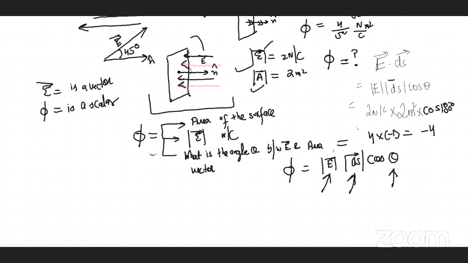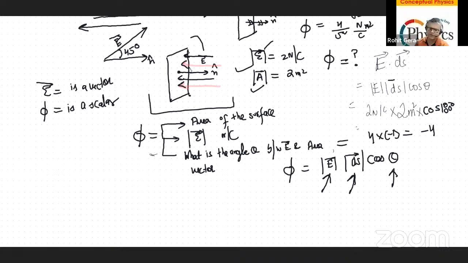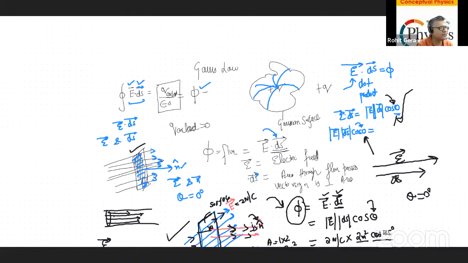All right. If you notice the Gauss theorem, let me take you back to it. Gauss theorem has all of this involvement. It talks about flux, it talks about E, it talks about ds. Though we have focused on the learning of flux, we are actually studying Gauss law only.